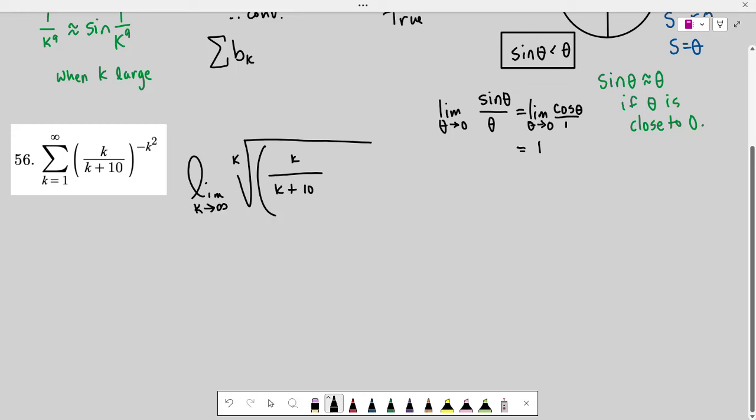Nothing is negative in here, so the absolute values are redundant. We don't need to keep them. This is going to be k over k plus 10, raised to the negative k.